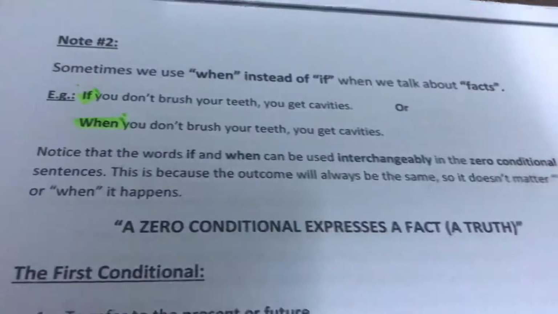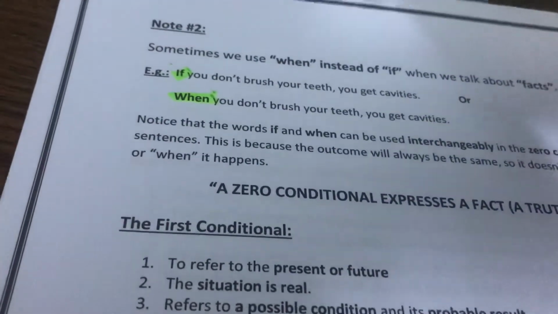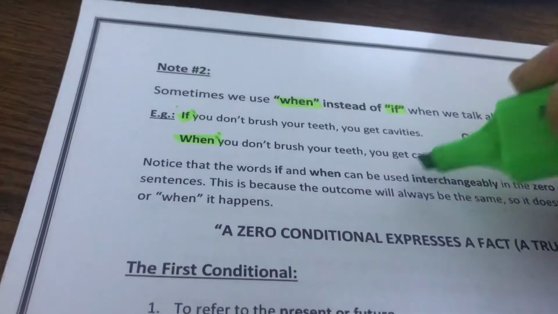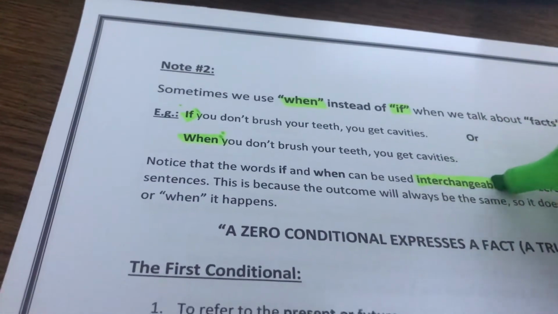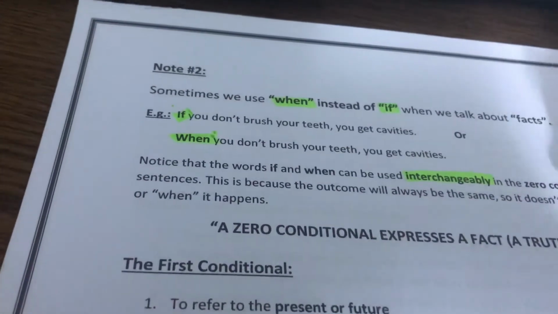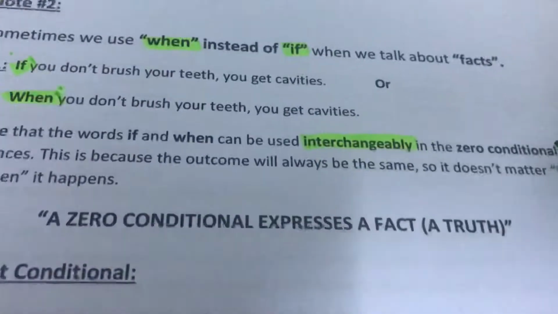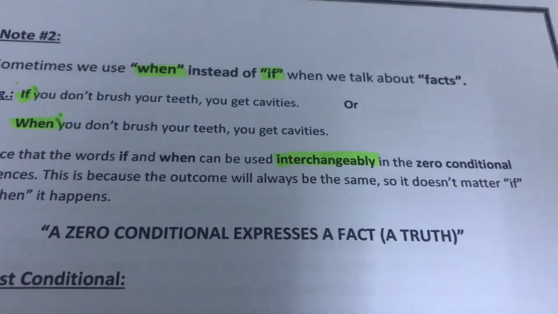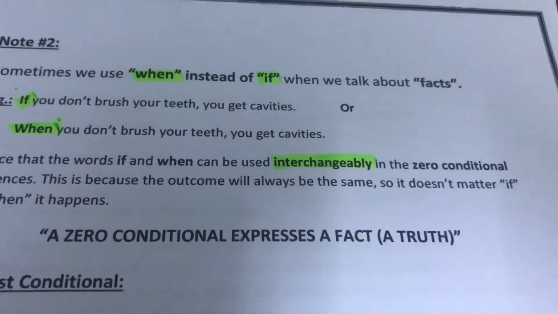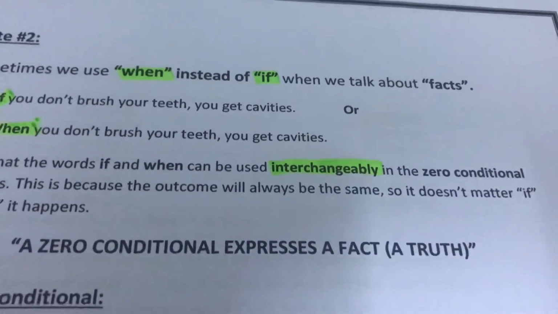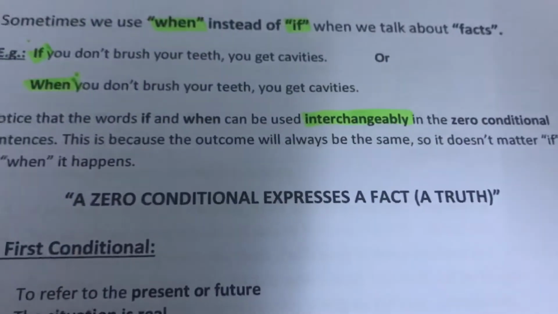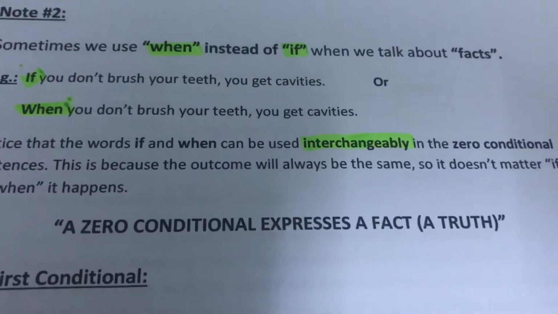If and when can be used interchangeably in the zero conditional because it talks about facts, and the outcome will always be the same. So a zero conditional expresses a fact, a truth.